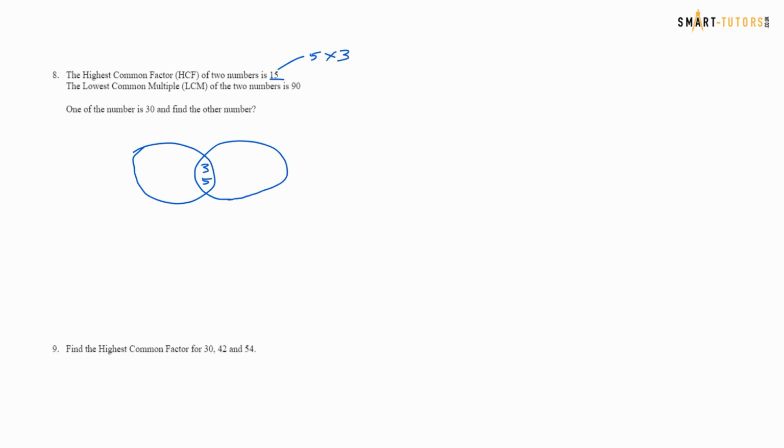Those two numbers are going to be in the middle. The lowest common multiple of the two numbers is this times this times this: something times 3 times 5 times something equals 90. The easiest way is 3 times 5 is 15, 90 divided by 15 is 6.